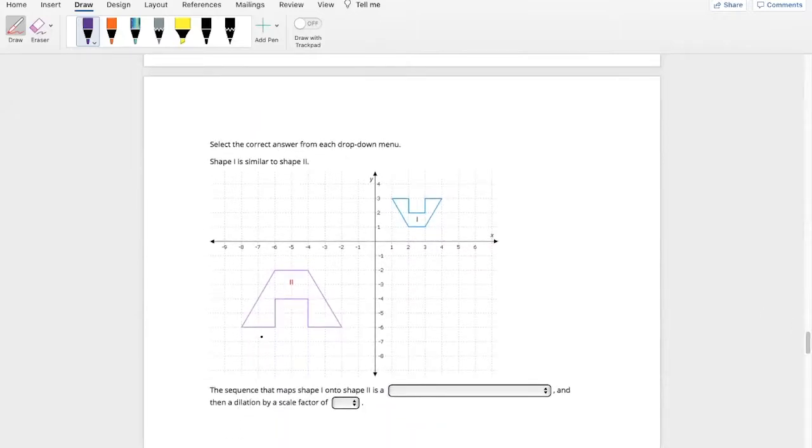This one, we got another shape 1, shape 2. So what's the sequence that would map shape 1 onto shape 2? What's going to make it land and match up exactly? I can tell that it is some type of a rotation because it gets turned around. So it comes all the way around into this quadrant.